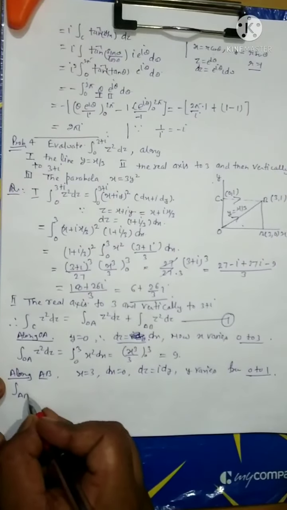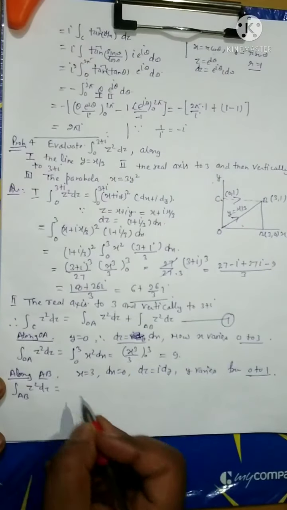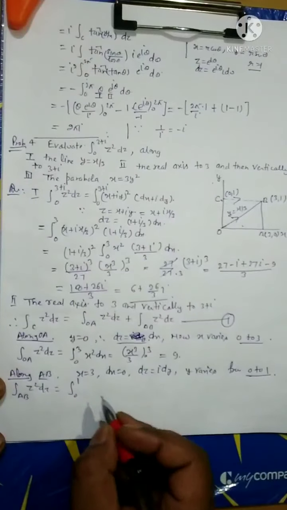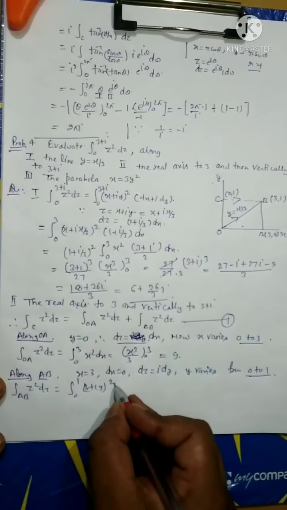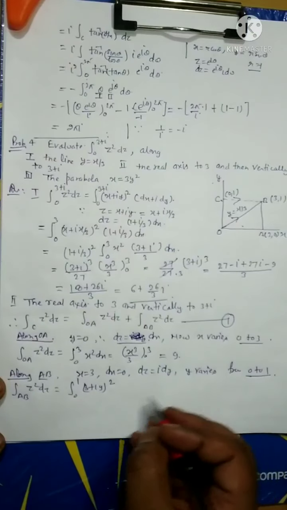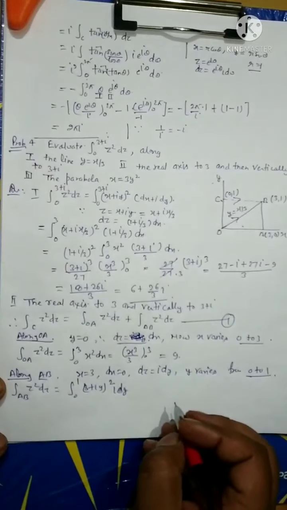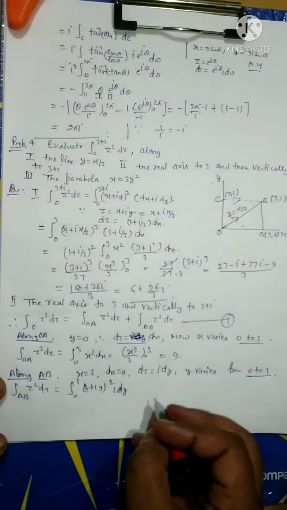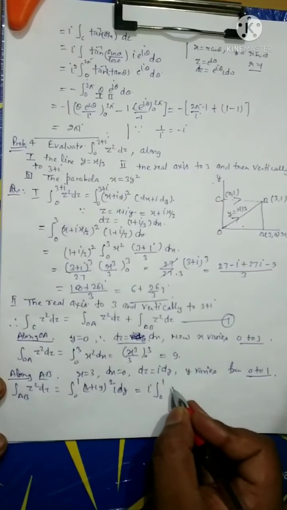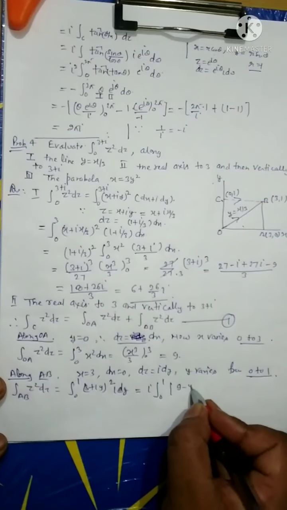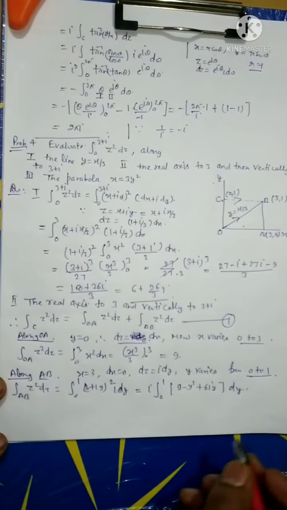Therefore the integration over contour AB of z square dz is equal to the integral limit 0 to 1 of (3 plus iy) whole square, times i dy. This is equivalent to i times the integral limit 0 to 1 of (9 minus y square plus 6iy) dy.